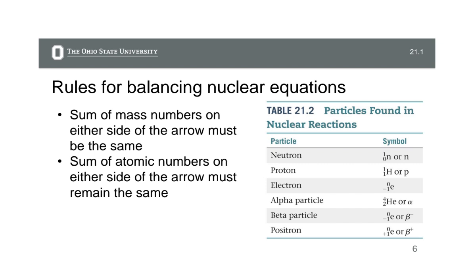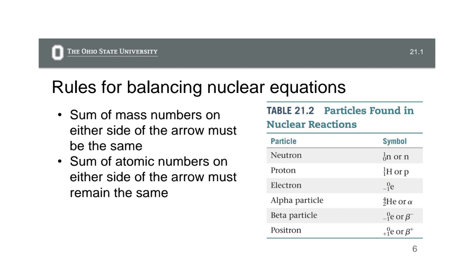The first three on this table, neutron, proton, electron, you are familiar with, but we have given them nuclide symbols because this allows us to more easily write out nuclear reactions. Because a mass number is the number of protons plus the neutrons, a neutron is going to have a nuclide symbol of N for neutron, 1 for the mass number, and 0 for the number of protons in the atomic number. Okay?